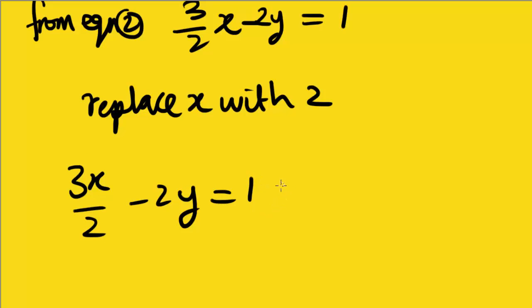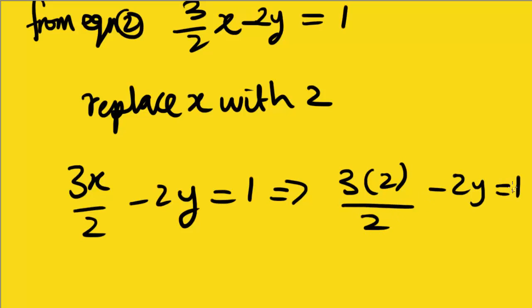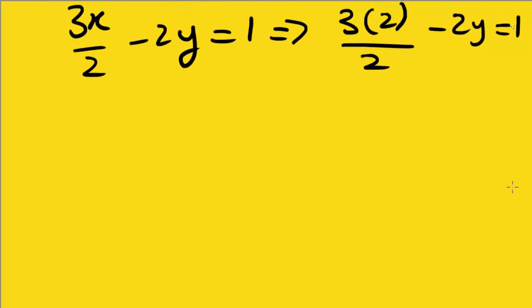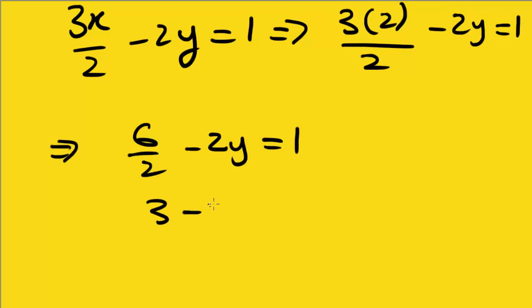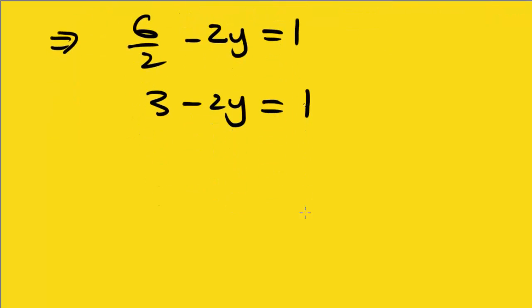So we write this as 3 times 2 over 2 minus 2y equals 1. Simplifying this gives 3 times 2 is 6, over 2, minus 2y equals 1, which is 3 minus 2y equals 1. If you make y the subject of the formula, you will get the value of y, and that's the final piece to the puzzle here.